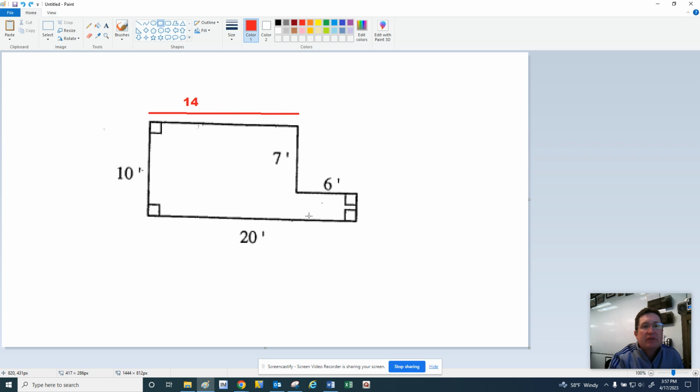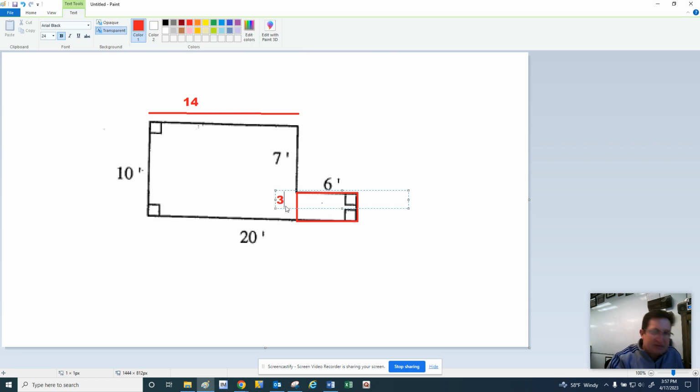And then this rectangle down here is 6 this way. Since this is 7 and this whole thing is 10, then this little bit is 3. So that rectangle is a 3 by 6.